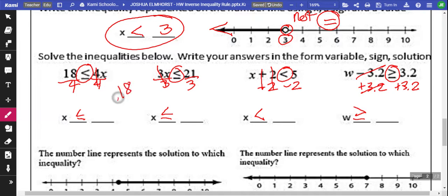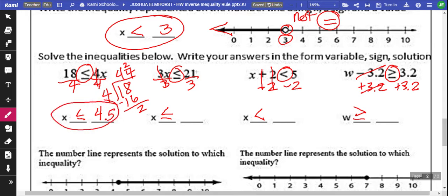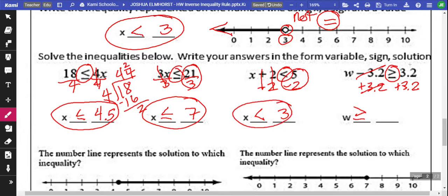We got 18 divided by 4 is going to go 4, and then 4 and 2/4, and then you simplify that, that's going to give us 4.5 as an answer. Okay, 21 divided by 3 is 7. 5 minus 2 is 3, and that's going to give us 4.6.